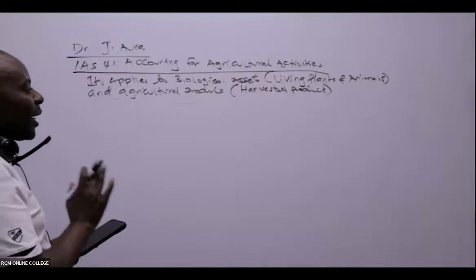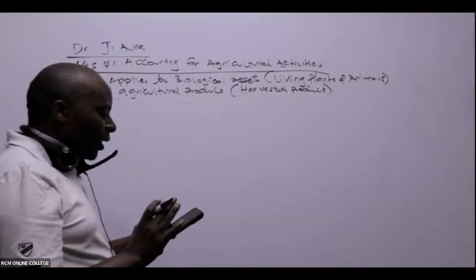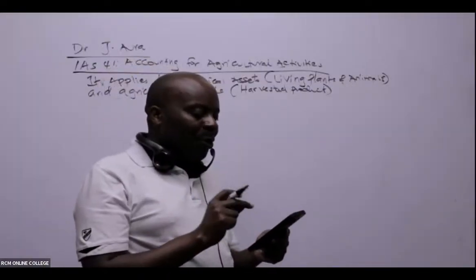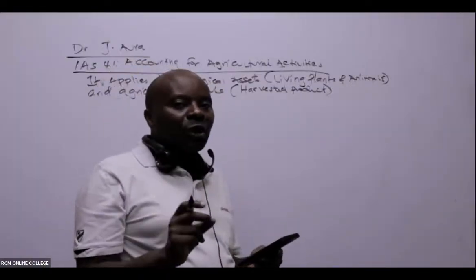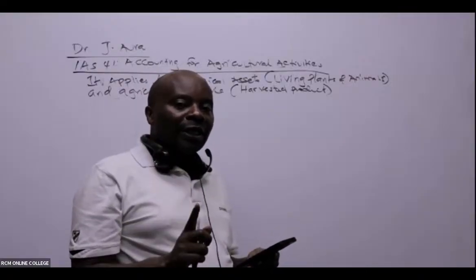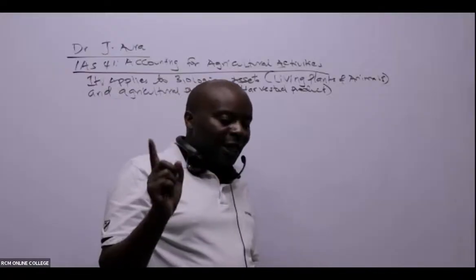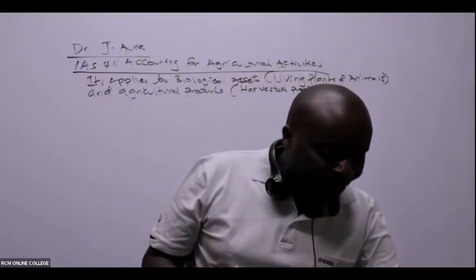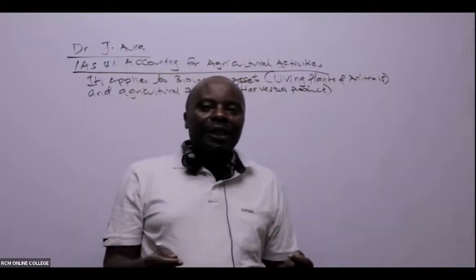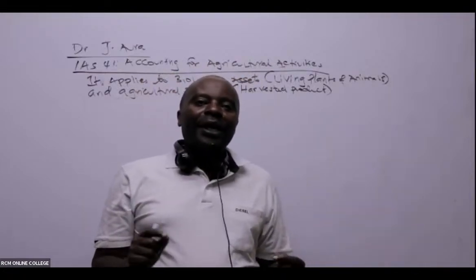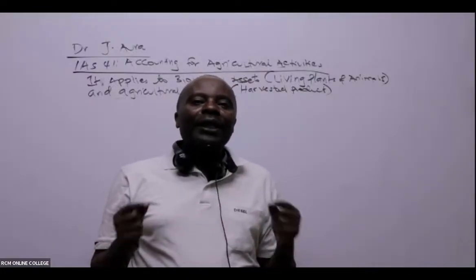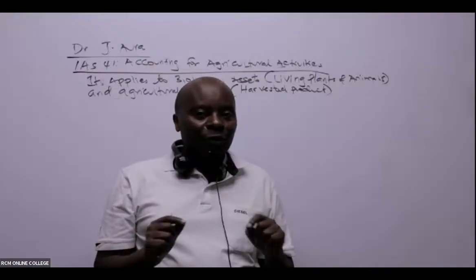So it does not cover land use or the processing of agricultural products. Any processing of agricultural products, for example, if at Isinya we were crushing maize to get flour, any processing that is happening post-harvesting can't be captured under IAS 41.